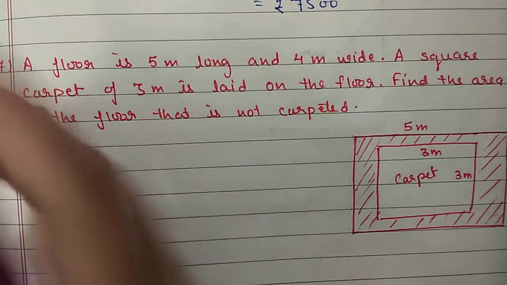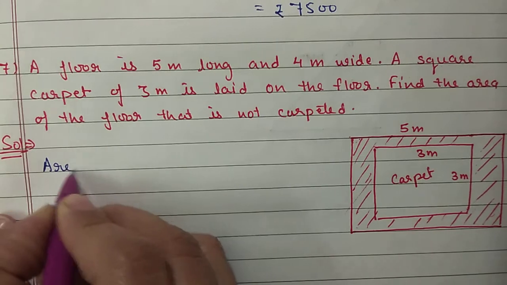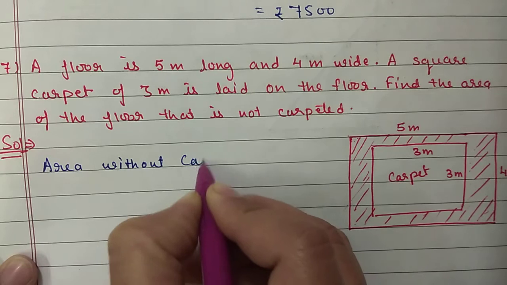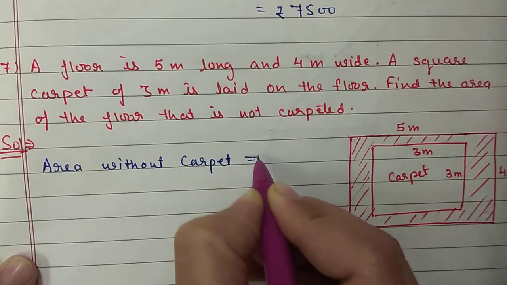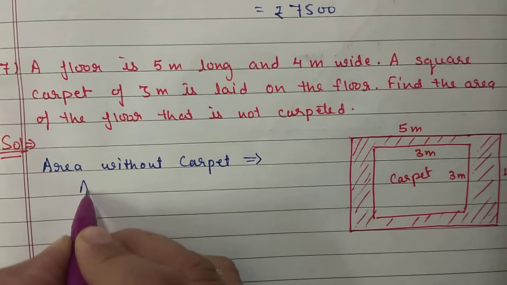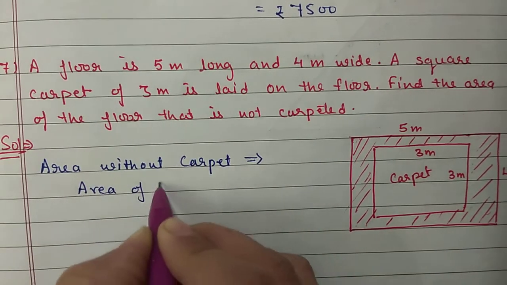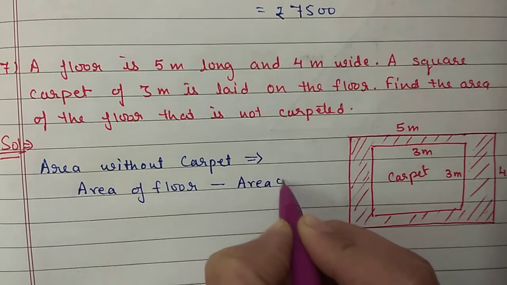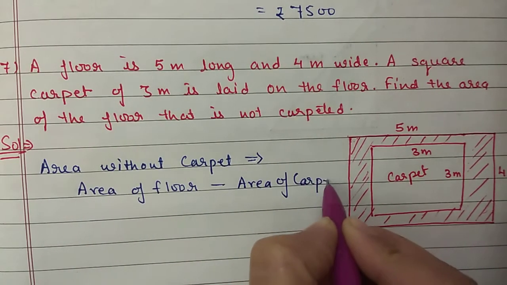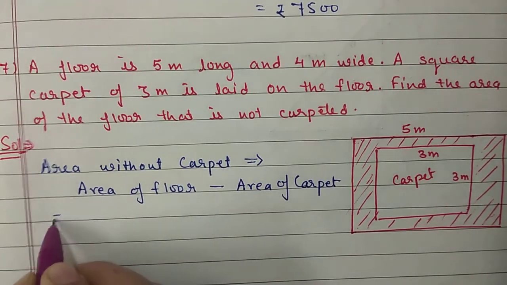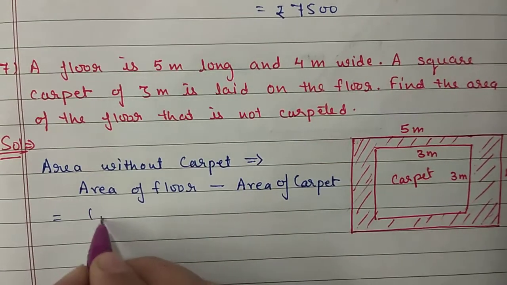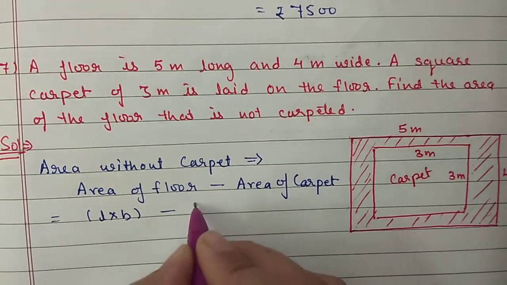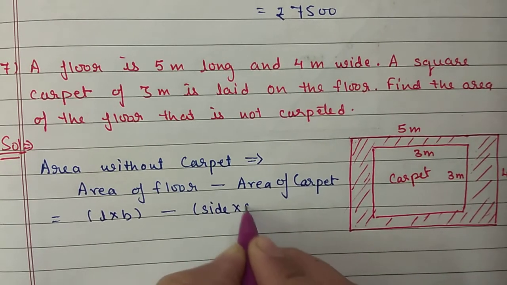So area without carpet is equal to area of floor minus area of carpet. Area of floor, because floor is in the form of a rectangle, will be length into breadth, and area of carpet, because it is a square, will be side into side.